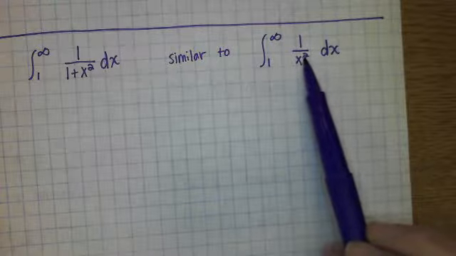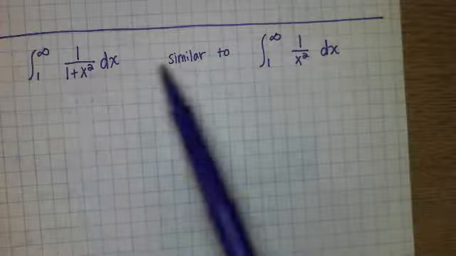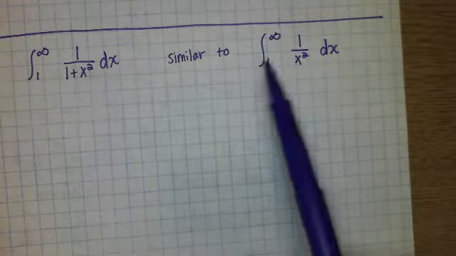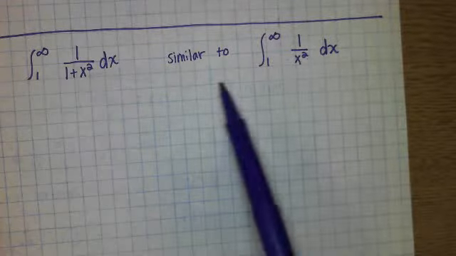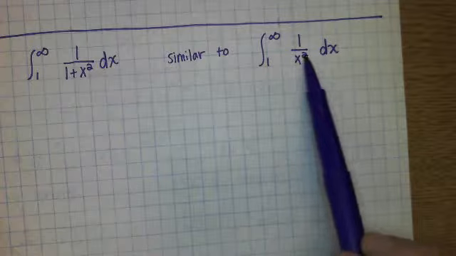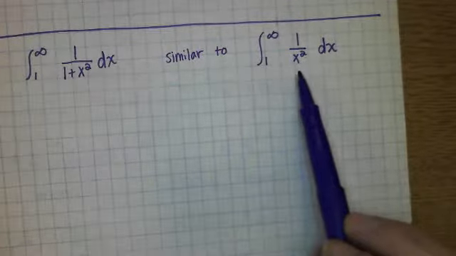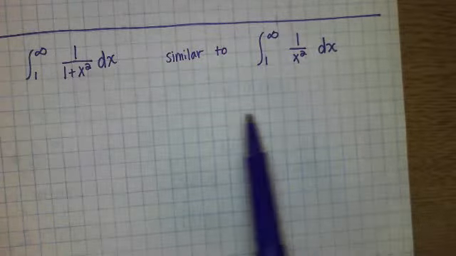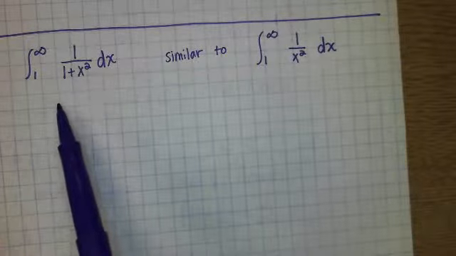This is so similar. If I plugged in a 1, this would be a 1 and this would be a 1/2, which is lower. If I plugged in a 2, this would be a 1/4 and this would be a 1/5, which is lower. If I plug in a 3, that's a 1/9, and this is a 1/10, which is lower. So even though this curve is converging and really close to the x-axis, this one is going to be smaller the entire way.